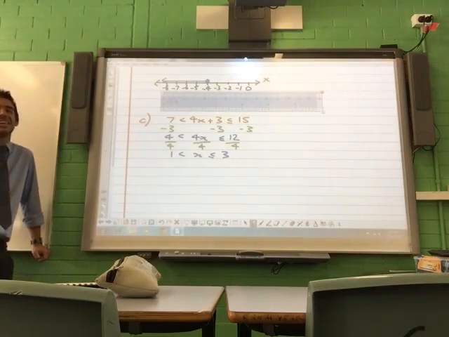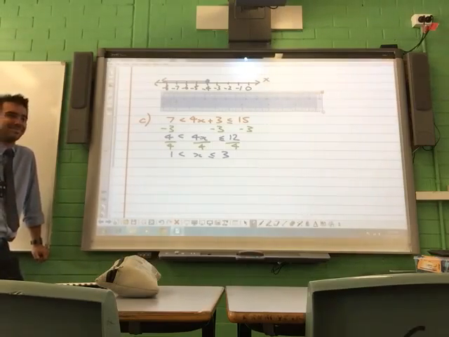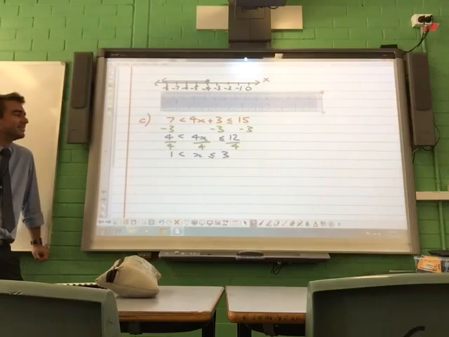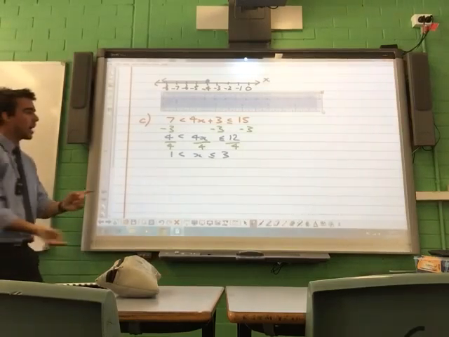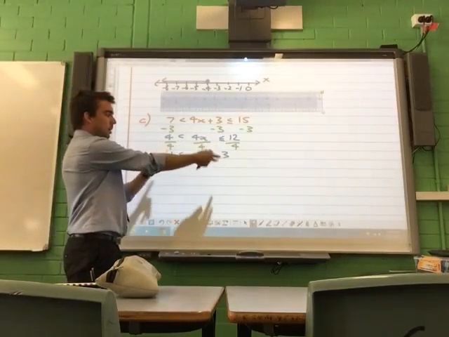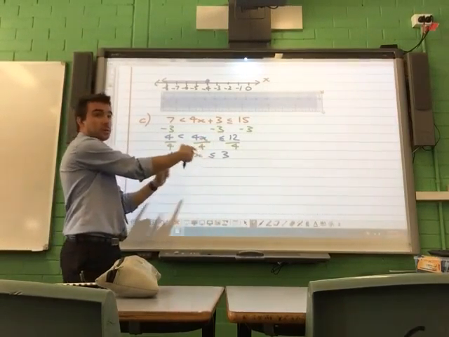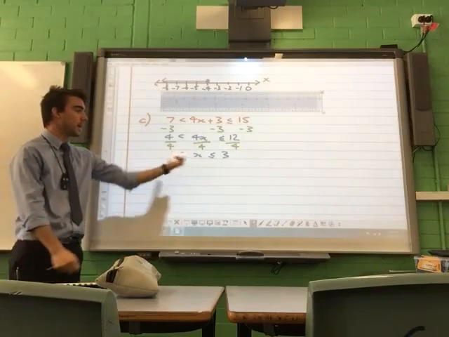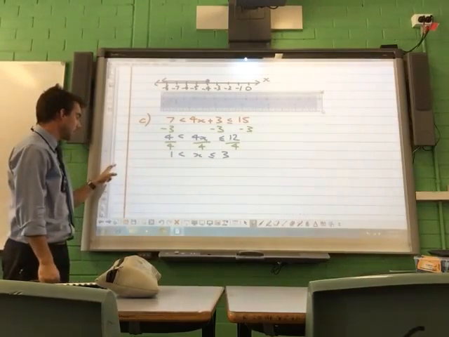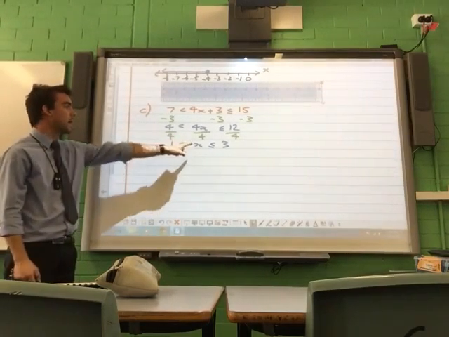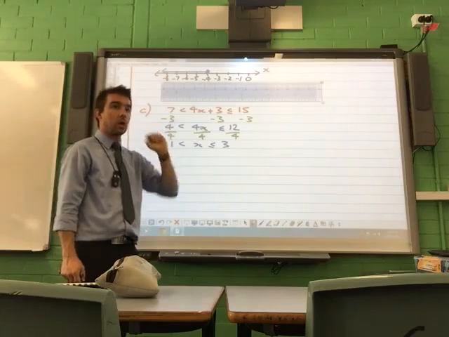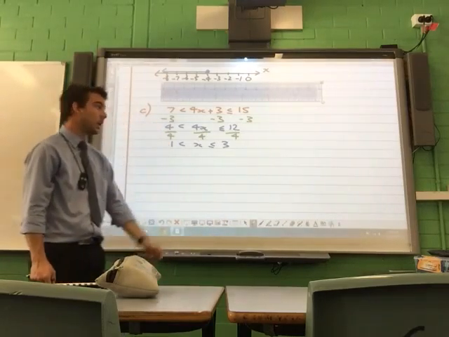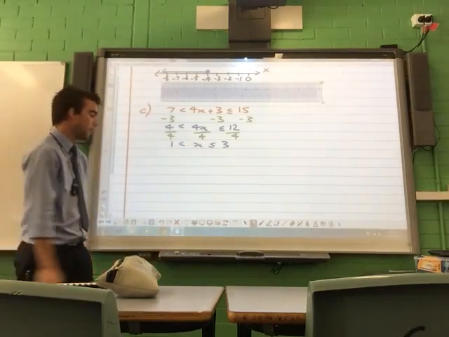Okay, so when you have a double inequality, that they'll be facing this way, they should be facing this way, that means the x value's got to be between 1, not including 1, and also 3, but can include 3 because of the equal sign.